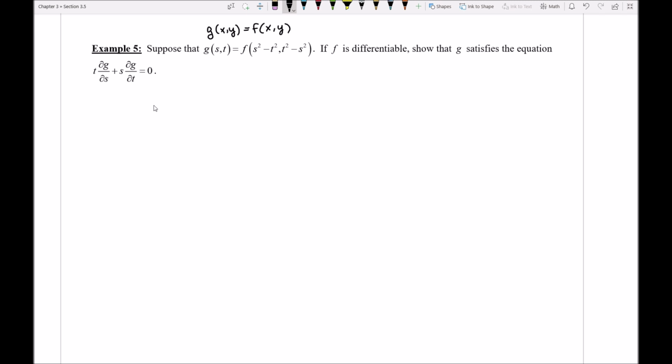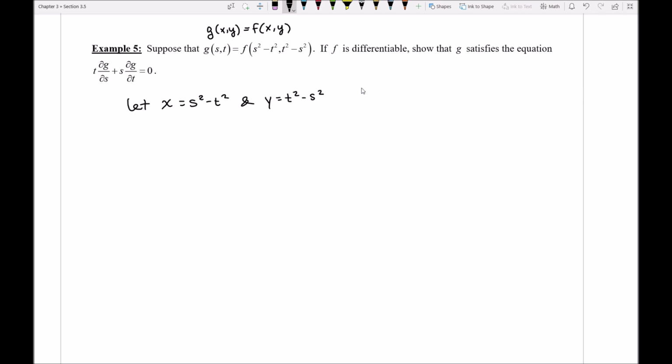Okay, so I'm going to try to think about my function g like how I've specified here, that maybe it's really just a function with x's and y's that got replaced. So how about we pretend that x is equal to s squared minus t squared, and y is equal to t squared minus s squared.